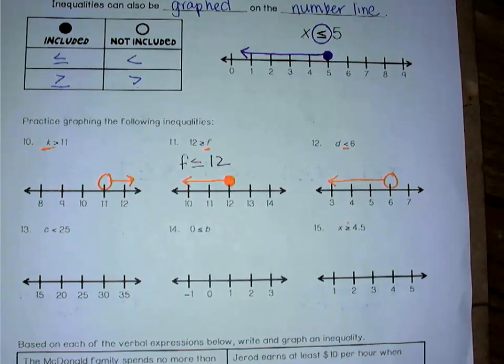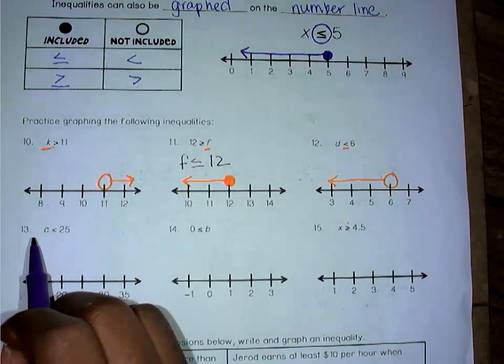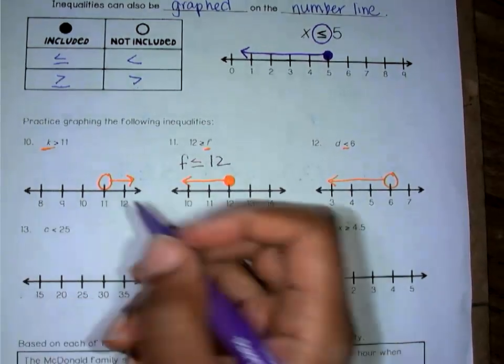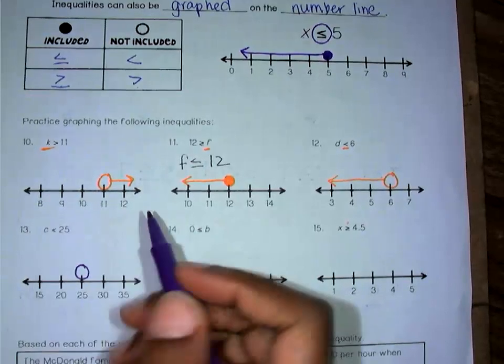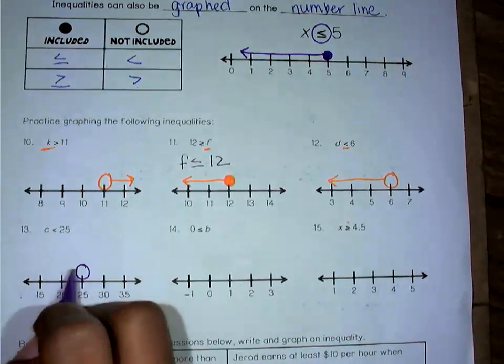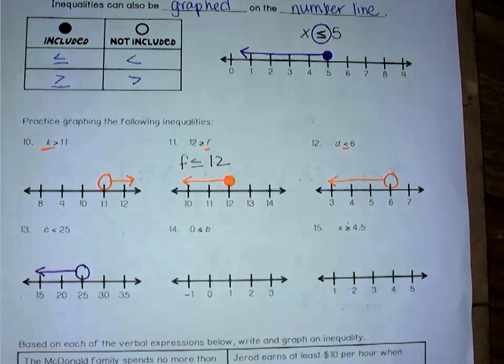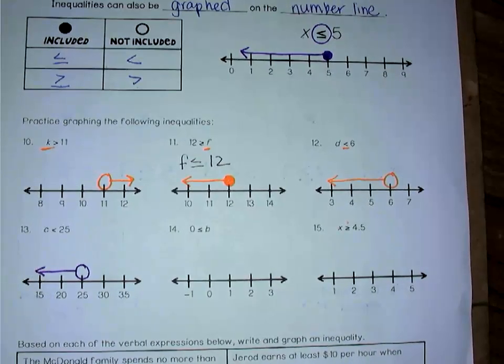Now, for 13, when you've graphed this one, you have C is less than 25. I see that that's going to be an open one. And it says C is less than. So you are going this way. If you graphed that correctly, that's what you should have gotten. All right.